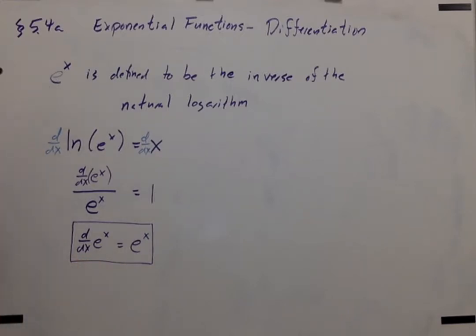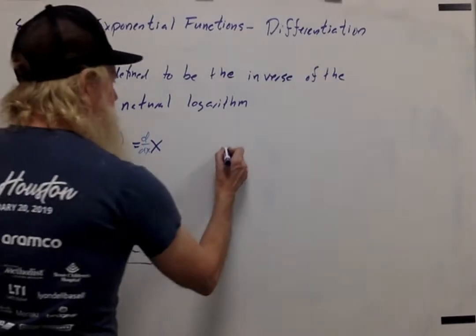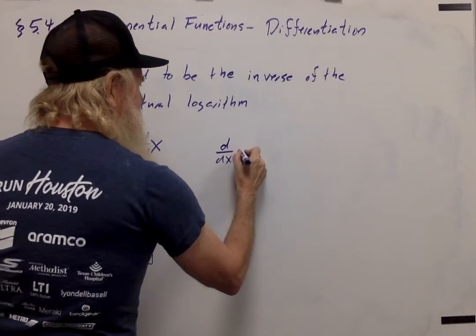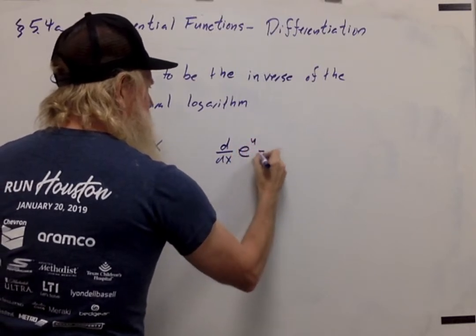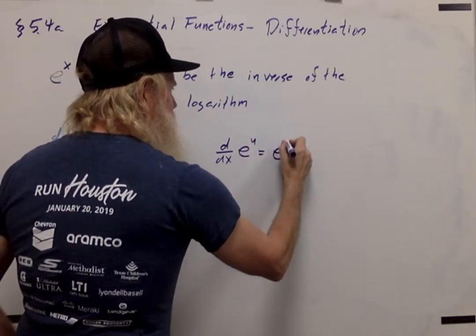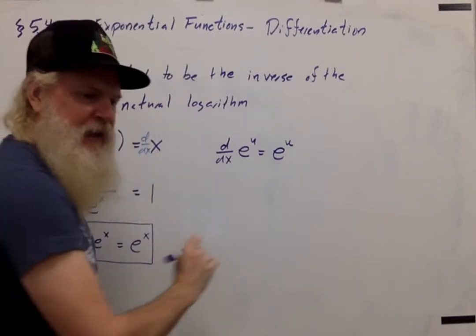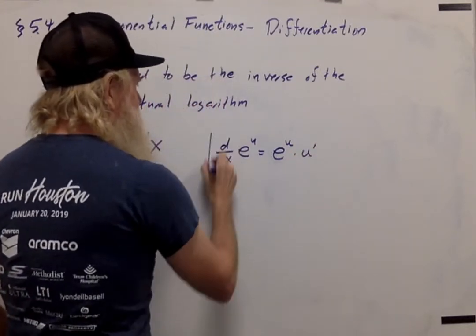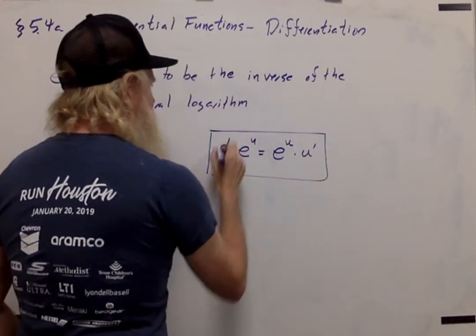Now there's also a chain rule version of this. If I replace the x with a u, then the derivative with respect to x of e to the u is going to be e to the u times the derivative of the inside, which is u prime. So here's the chain rule version.